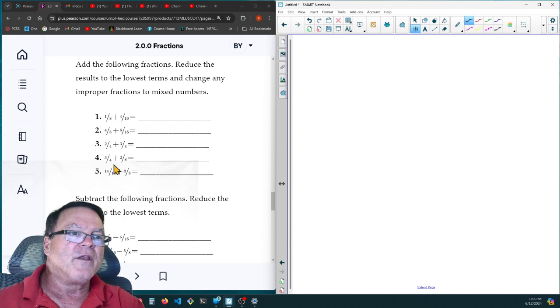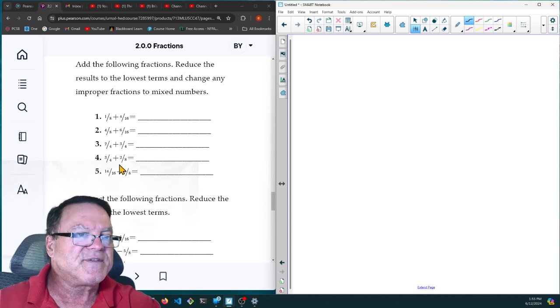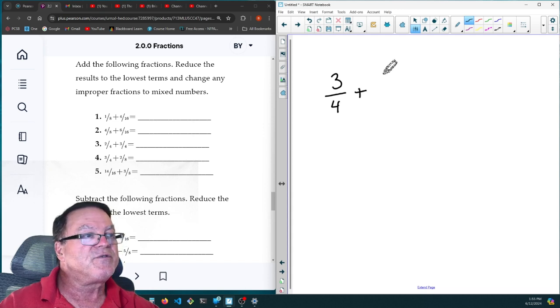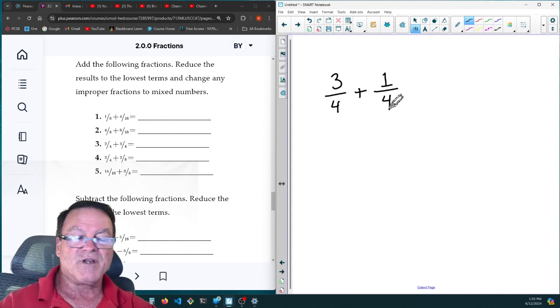3/4 plus 2/8. There again, I have 3/4 plus 2/8. I'm going to go ahead and reduce 2/8 to 1/4 in my head because I know 2 can go into 8 4 times.